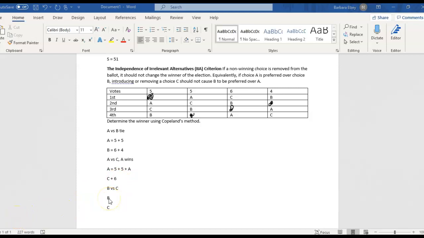So our last comparison is B versus C. Well, let's notice C gets the first 5. C gets the second 5. C gets the next 6, and B gets the last 4. And so C wins.